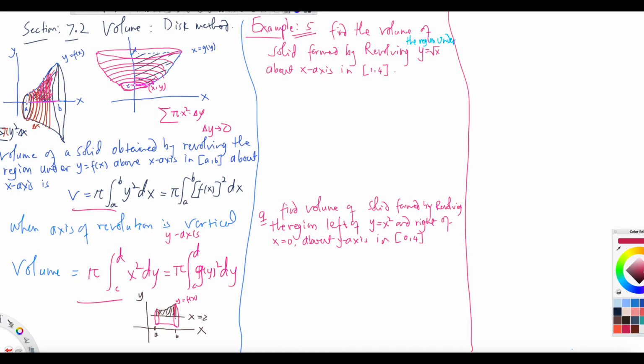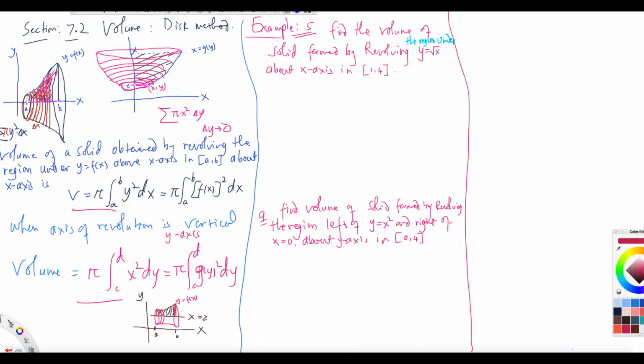Now to find the volume of this solid, again you will be using the disk method. Pick a disk, find the radius, and then find the area of that circle. The area of the disk and the area of the circle will be the same. Get another disk, find the area of that disk. But what will be the radius in that case?